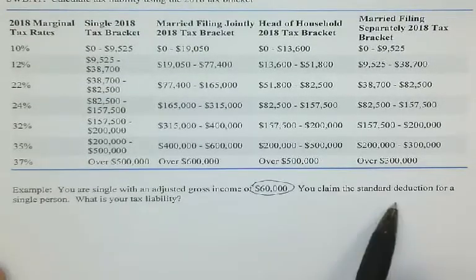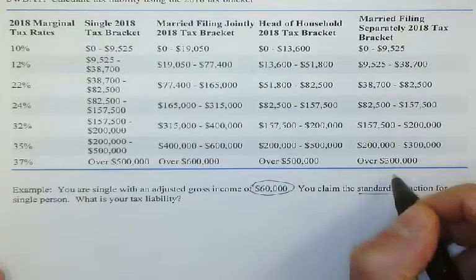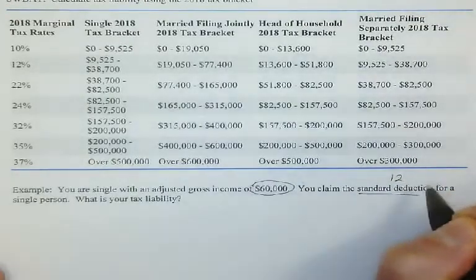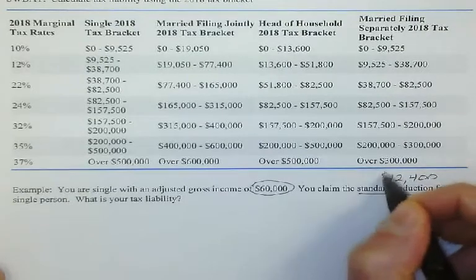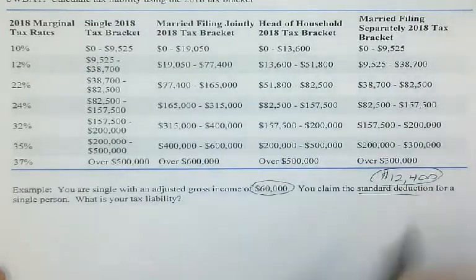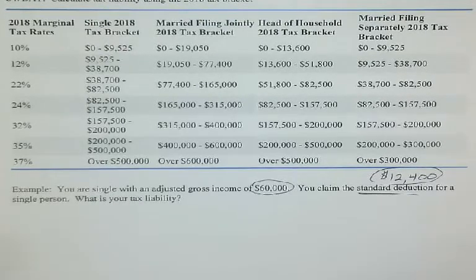You claim the standard deduction for a single person. Now this is important. It's 2021, and the standard deduction for a single person is $12,400. Remember, that's an amount of money on which no tax is owed. What is your tax liability? We want to figure out how much this person actually owes Uncle Sam.